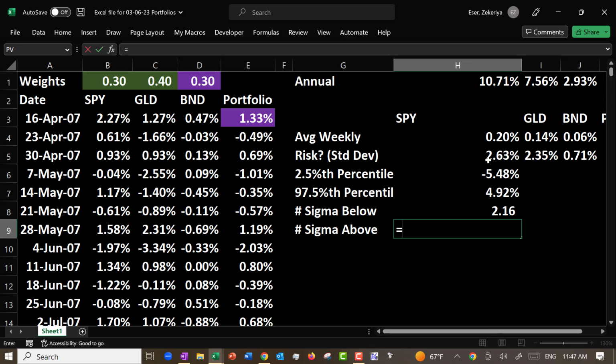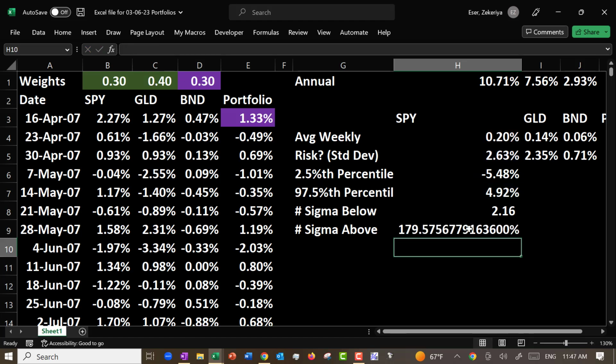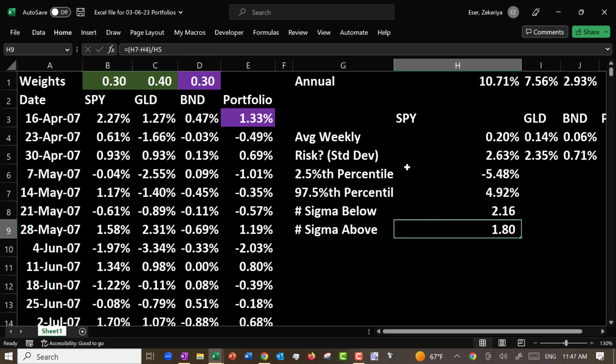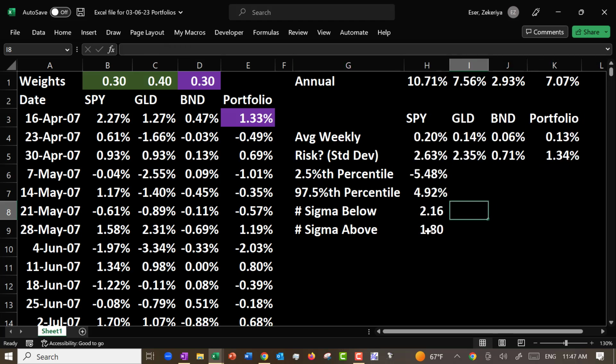Minus the mean. Okay. So that corresponds to 1.80 standard deviation. Just from here alone, you kind of know that data is a little bit left skewed. Left tail is longer.